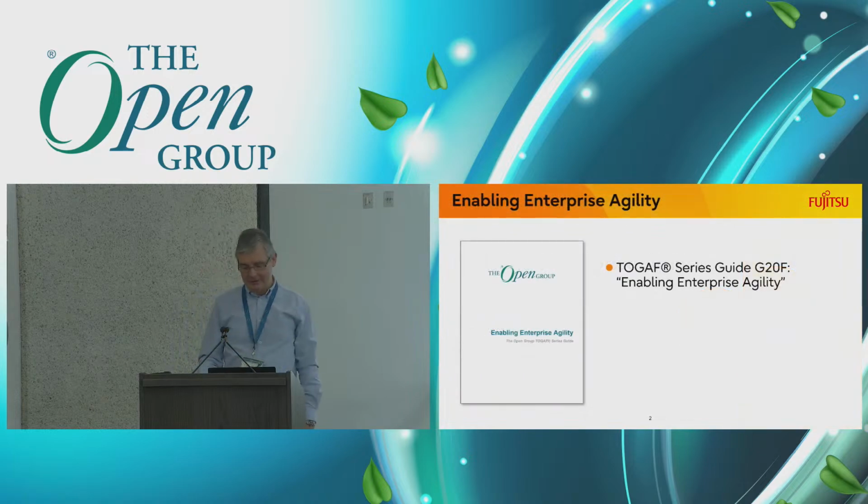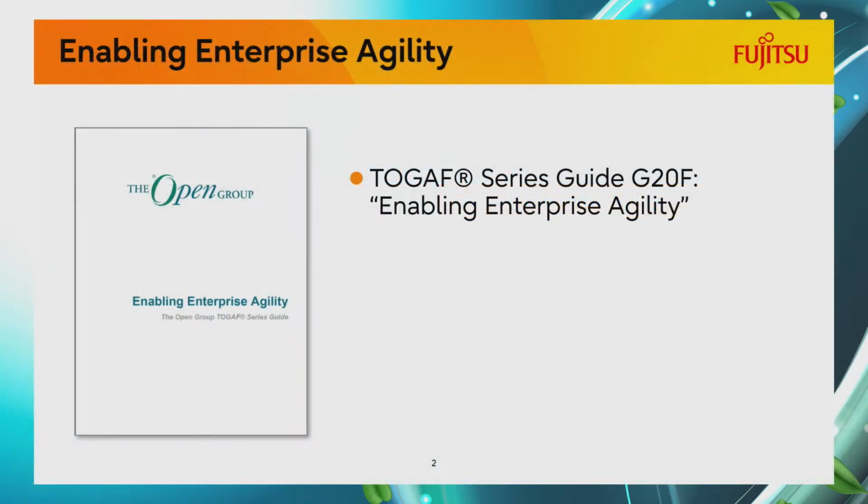So here it is. First up, the TOGAF Series Guide goes under the snappily titled code of G20F. I mention that because that's the quickest way to find it in the library. If you just put that code G20F in the search of the library, you'll find this guide.